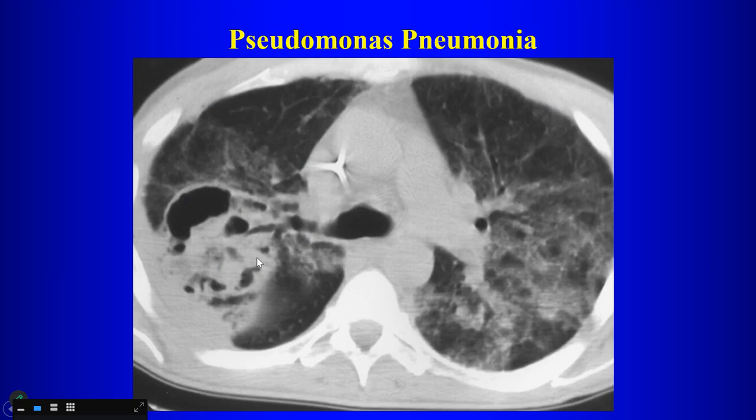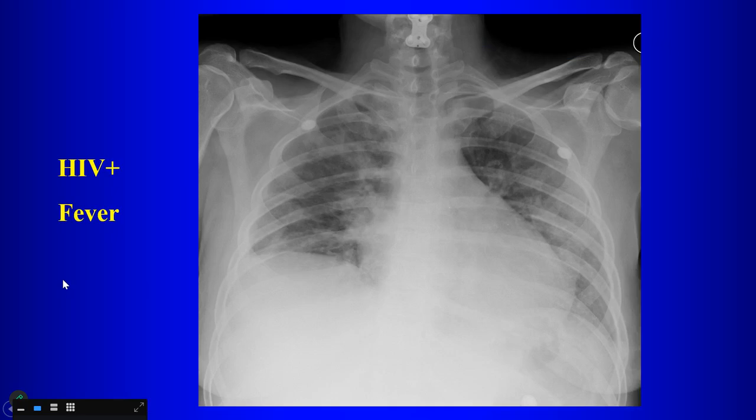Other infections, Pseudomonas pneumonia, this can give you cavitation, as we see here. Patient who's HIV positive, has fever, look at the chest radiograph. Can we say anything about the chest radiograph?